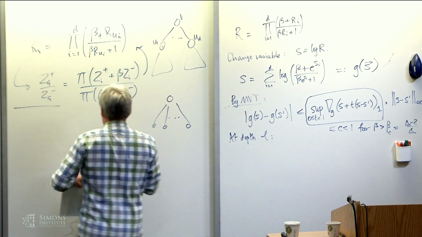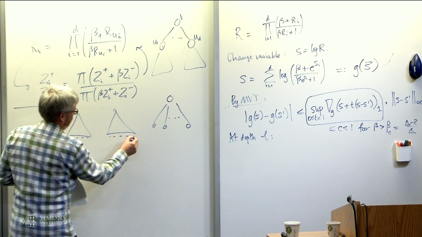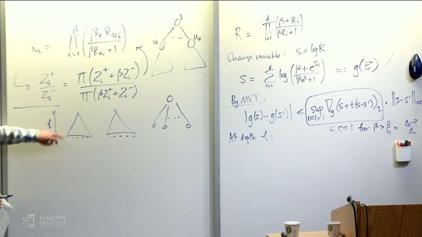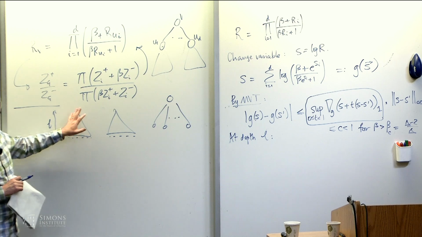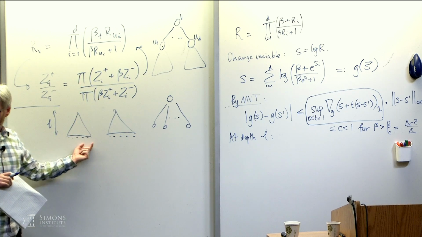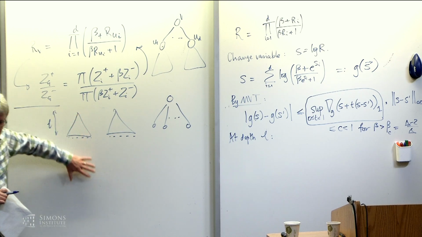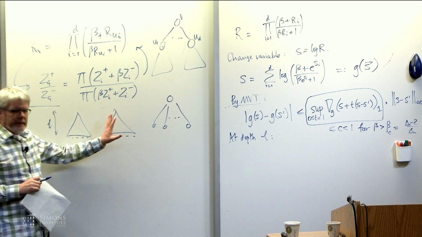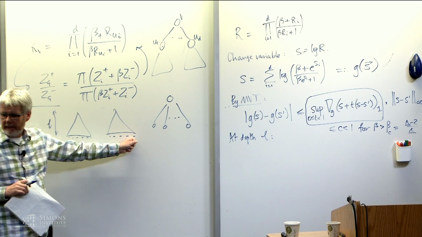So if I start off the recursion with two different sets of initial values here, and the depth is L, then the error in these two will be bounded by c to the L times whatever the initial value was. Imagine that one of these is the perfect tree, the exponentially sized self-avoiding walk tree, which gives me the exact values. And this is just my computation that starts off at some arbitrary set of initial values.